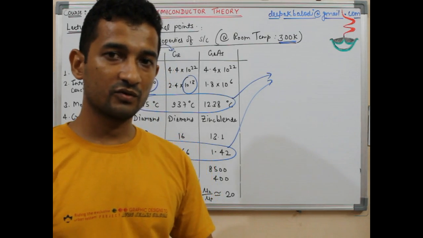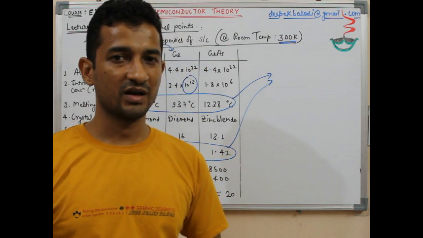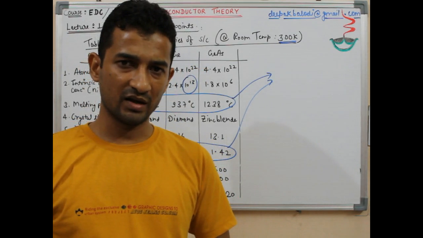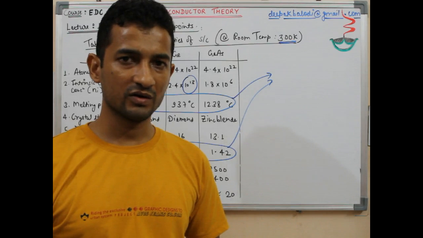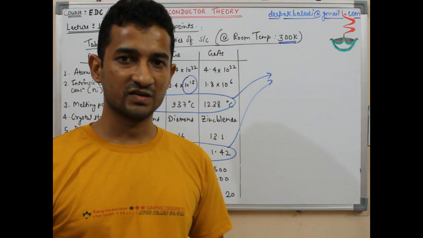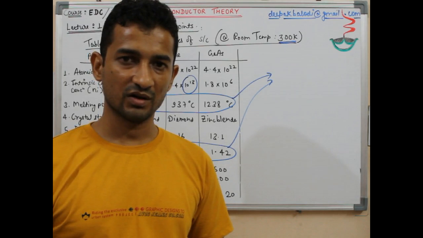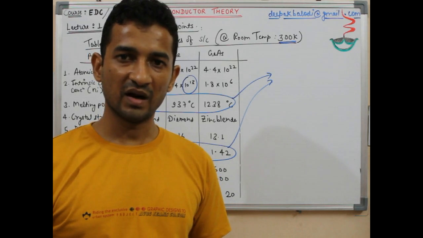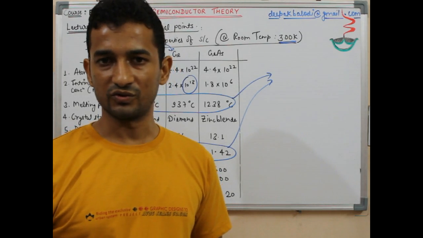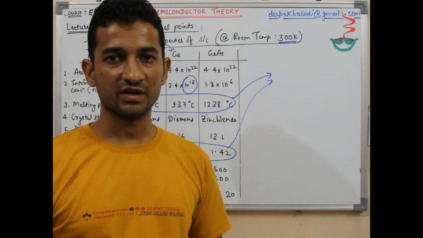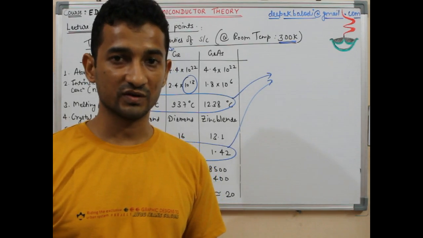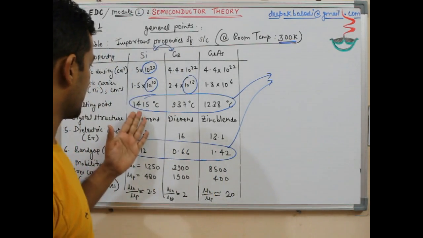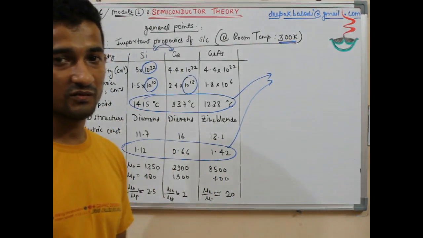If you have to do processes like oxidation, rapid thermal annealing in integrated circuit fabrication, then a material should withstand those processes. If it gets ruptured or melts out, then it's of no use. So we are looking for a material which can withstand processes at 1200 or 1300 degrees centigrade. We can see that the melting point of silicon is very high.